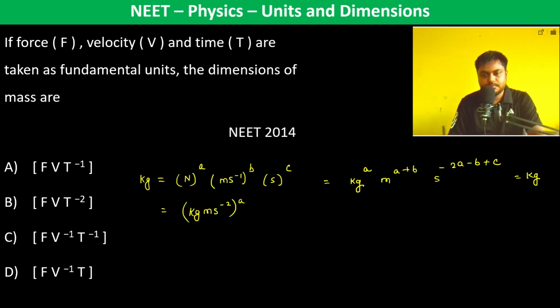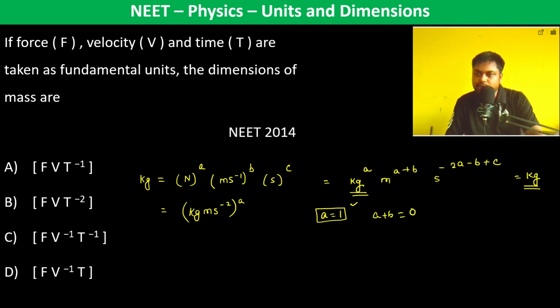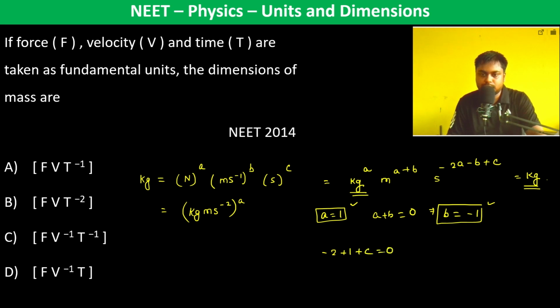So therefore a is equal to 1 because of kg. Now a plus b should be equal to 0 because mass on this side has no meter. So therefore b is equal to minus 1, and minus 2a and minus b, that is plus 1, plus c should be equal to again 0.